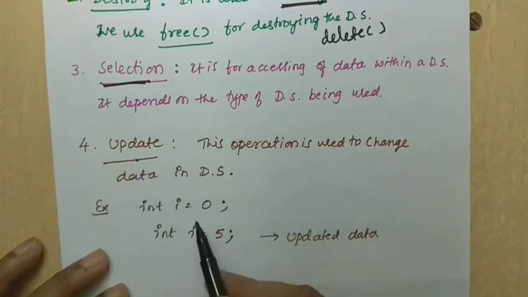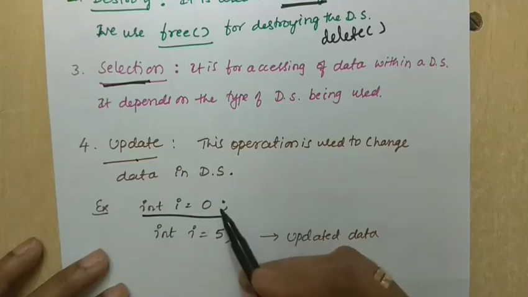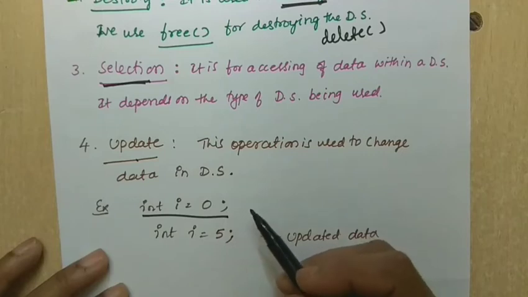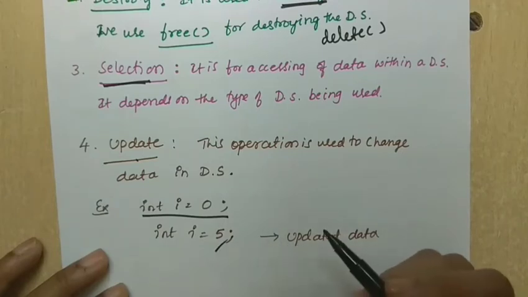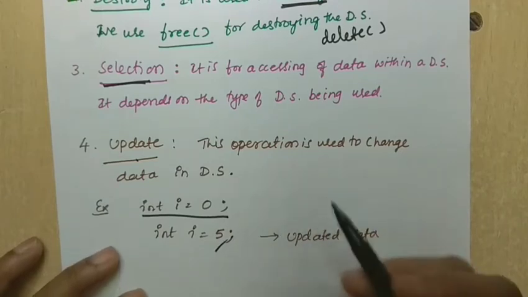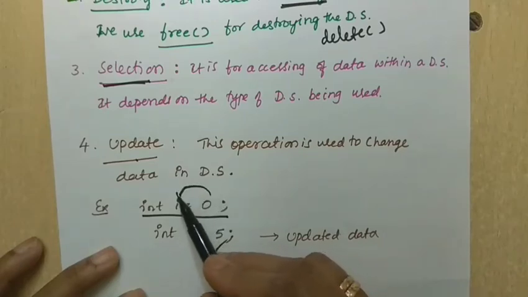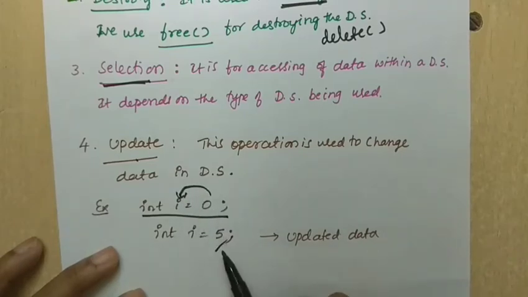It means that, say, at the beginning I have the value I is equal to 0. Later on, I think that 0 is not required, I want the value 5. So what do I do? Initially I stored 0 in I. Now, instead of 0, I am going to store 5 for the same variable.